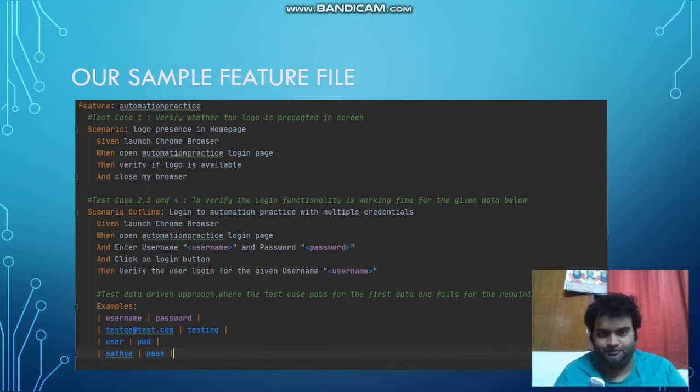I am showing you the sample feature file I have written for these scenarios. Feature: automation practice. The application name is automationpractice.com, and in scenario 1 I am going to validate whether the logo is present or not. I wrote it with Scenario, Given, When, Then, and these are all Gherkin keywords. My first scenario checks whether the logo is present on the Chrome home page.